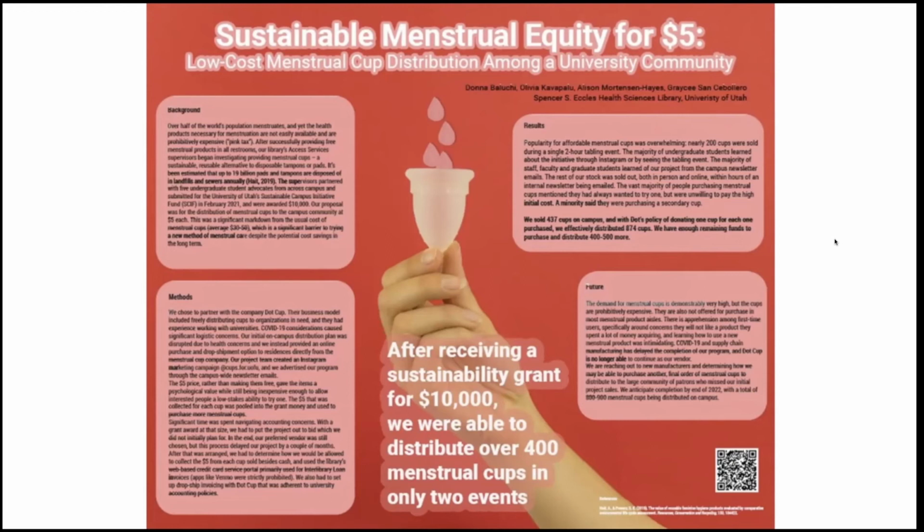So I chose to not use that because this was not a research project that involved actual hard data and research. Instead, this was a grant in which we made menstrual cups available for $5 to the campus community. And what I was trying to do was tell other people, you should do this. We sold out of them almost immediately. Everybody wants menstrual cups, make them available to people.